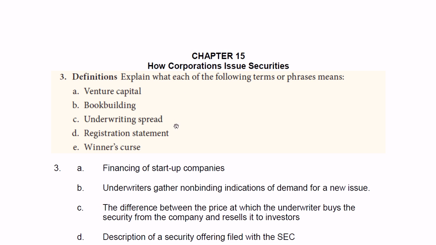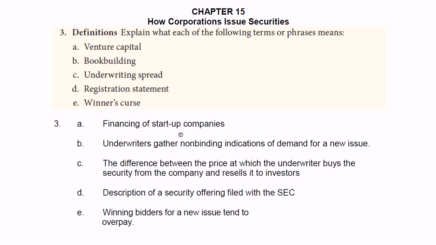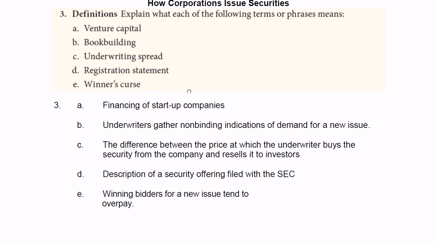Chapter 15. How corporations issue securities. Question 3. Explain what each of the following terms or phrases means. A. Venture capital. Venture capital is the financing of startup companies. B. Book building is when underwriters gather non-binding indications of demand for a new issue.